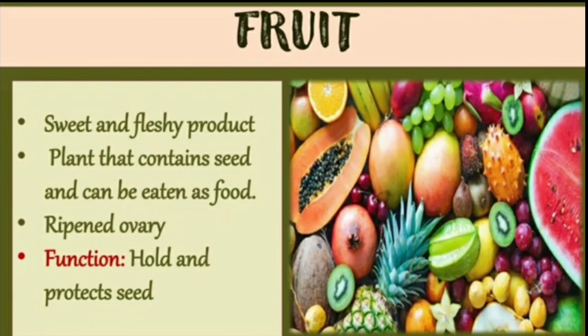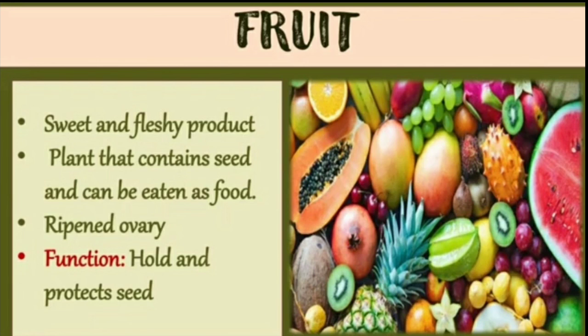Children, mango contains only one seed, right? Whereas jackfruit consists of many small fruitlets, each with its own seed, right? Every one of you, your favorite fruit must be mango, isn't it? Most of us like mango. Yes.